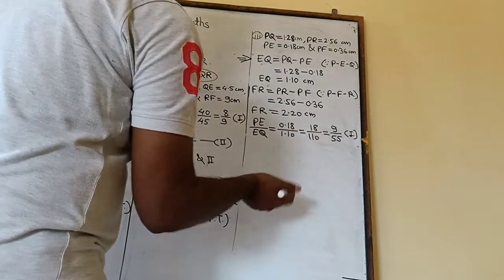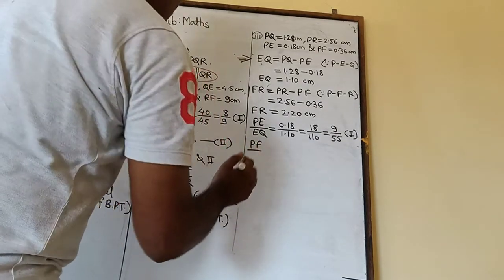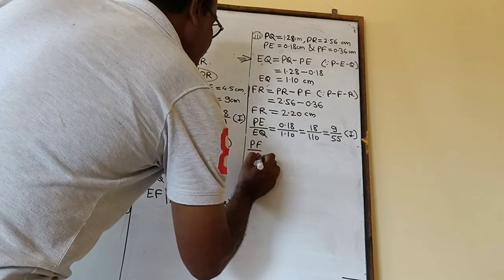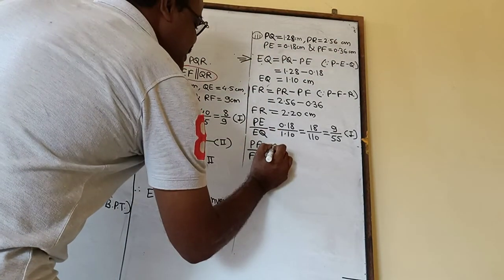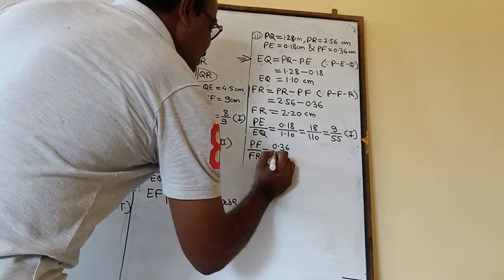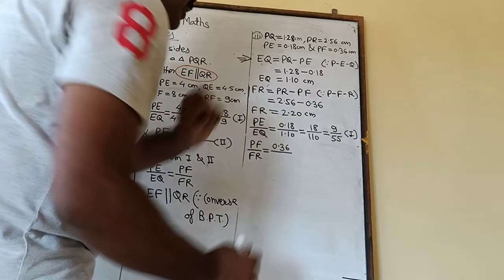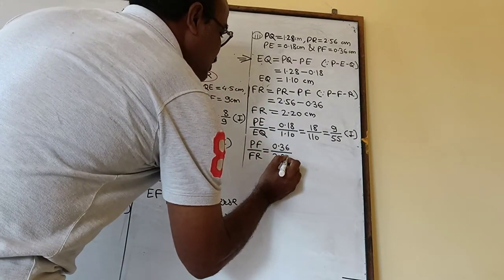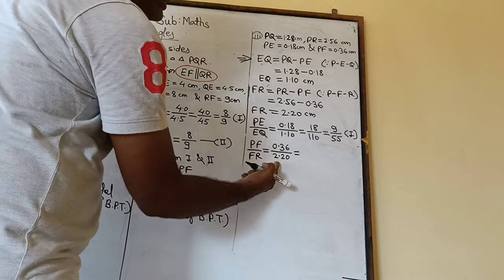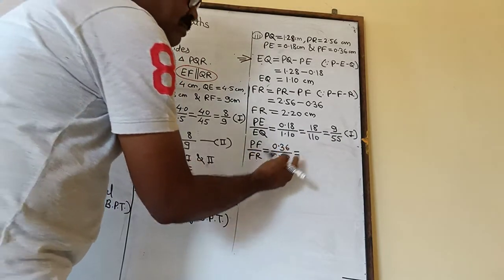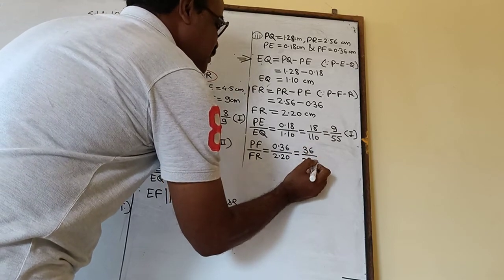And for the second also we are going to start with PF upon FR. PF is 0.36, FR we have found out is 2.20. In a similar way, after the decimal point there are 2 digits, so we can write it as 36 upon 220.